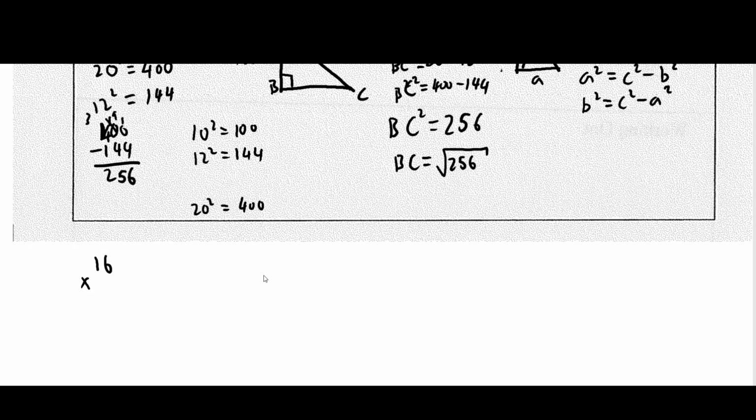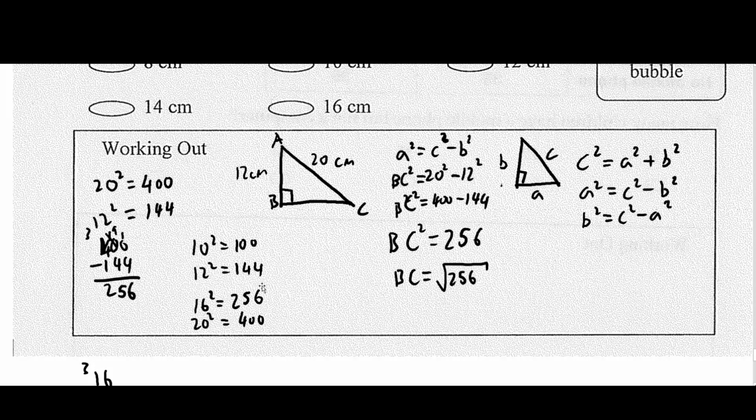So 16 times 16. 6 times 6 is 36. We put down the 6 and carry the 3. 6 times 1 is 6 plus 3 is 9. And then put down a 0. 1 times 6 is 6. 1 times 1 is 1. So we get 6. 9 plus 6 is 15. That's 256. So 16 squared is 256.